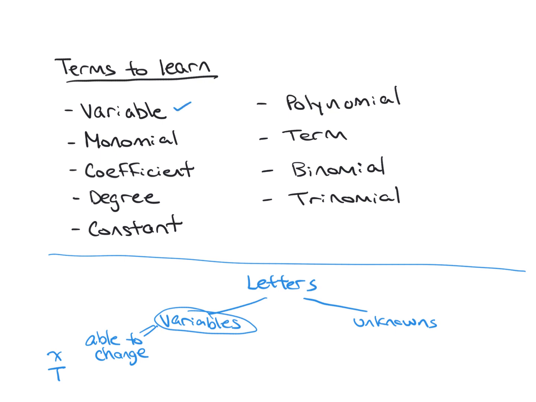Okay, so that's the first term, variable. Next, we're going to go with a monomial, and I'll start the next slide for that. So monomial, that's going to have the definition of product of variables with, I'll say, natural number exponents.